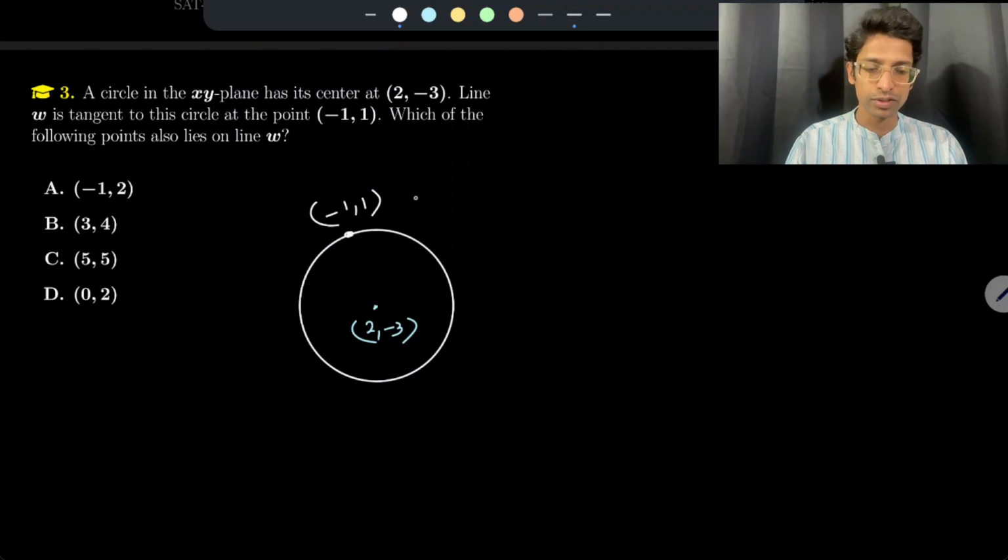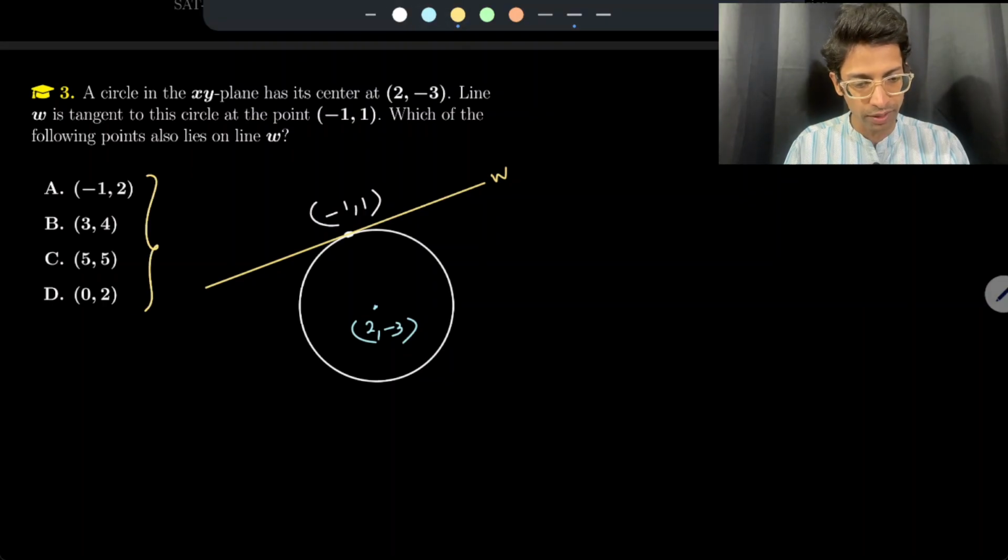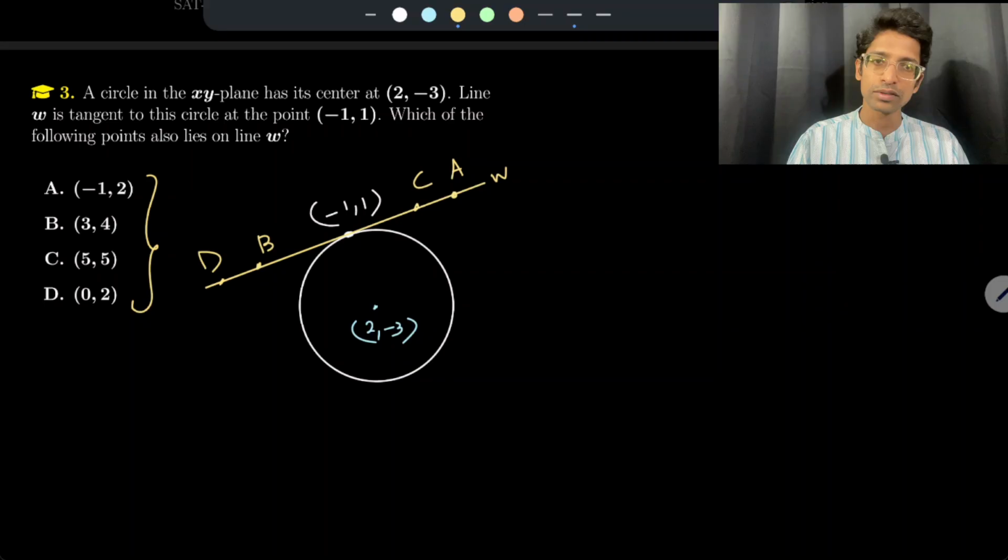It is a point on the circle and you're drawing a tangent at this point for this circle and you're giving the name W to this tangent. Which of the following points lies on the line W? So he's asking you which of these 4 points lies on this W. Is point A lying on W or not? Is point B lying on W or not? Is point C lying on W or not? Is point D lying on W or not? So that is the question.